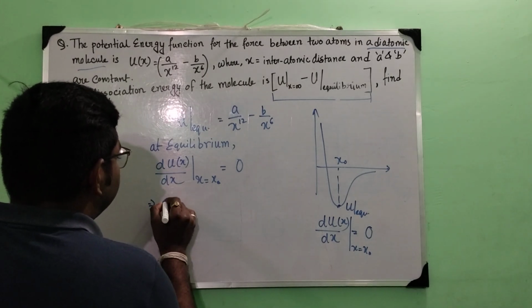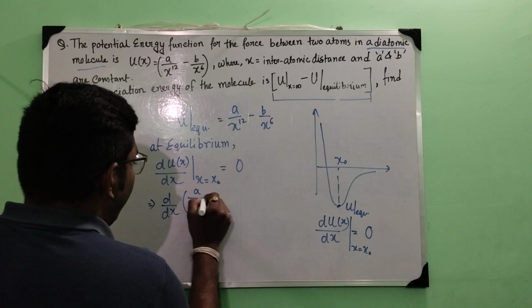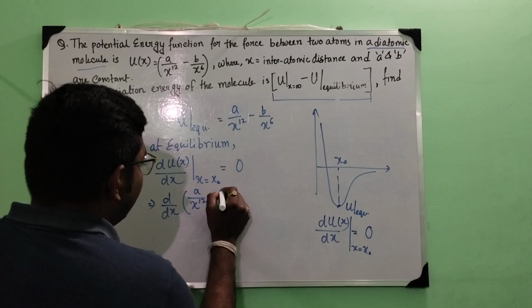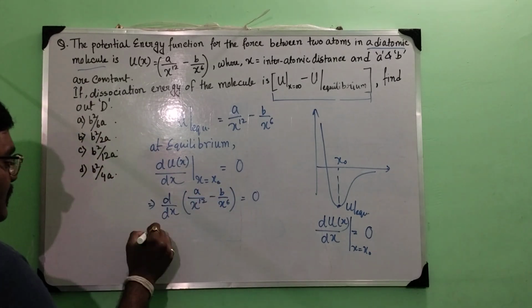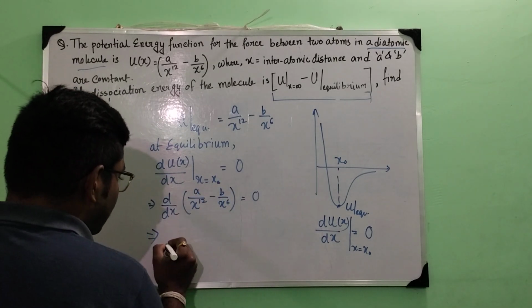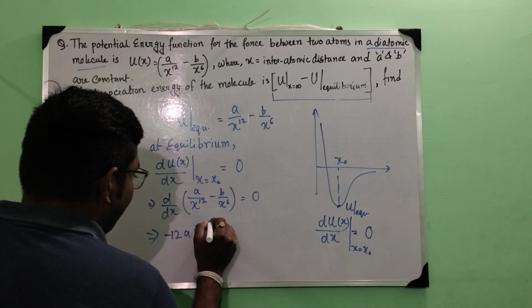First derivative means d by dx of a by x to the power 12 minus b by x to the power 6 equals 0. Then it will come minus 12 a x to the power minus 13.